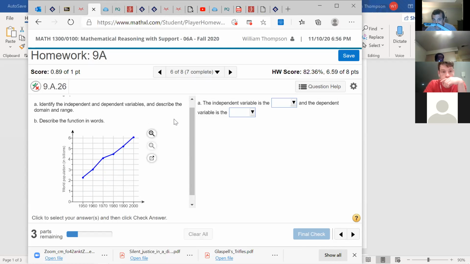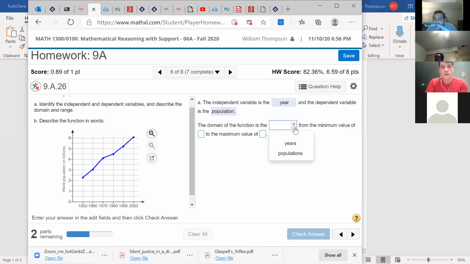All right, so the independent variable is the x-axis right here. We've got years on your x-axis from 1950, 60, 70, 80. So that's going to be your years. And then your dependent variable is going to be your y-axis, and that is your population. All right, so check that one.